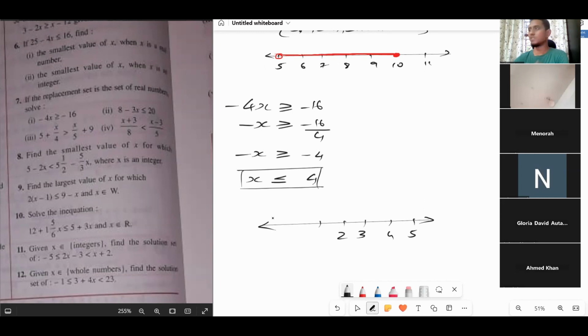Real numbers means all negative, positive, decimals, fractions, everything. So we cannot stop at 0. It keeps going. Okay, we'll write till minus 1. And here 4 is included. So what circle? White or black? Black. Okay. And then you just darken everything before this, till the arrow. Even the arrow you make dark. That means you're including everything till minus infinity.